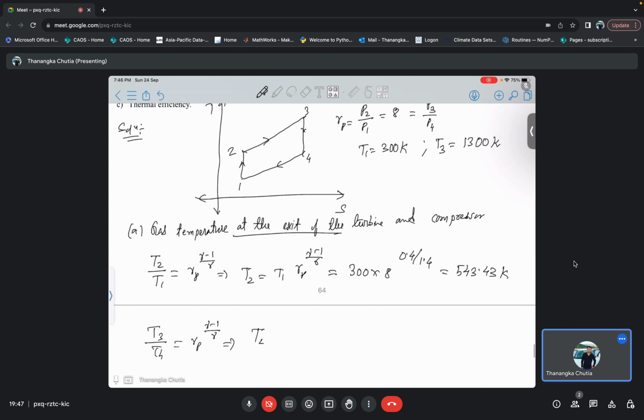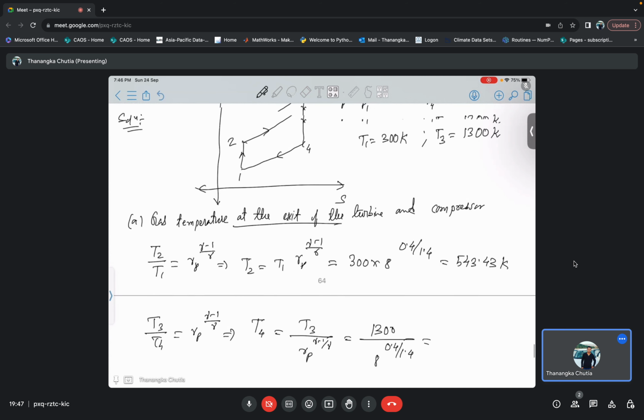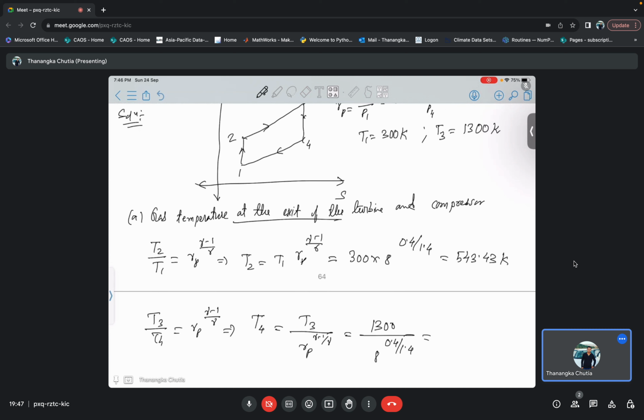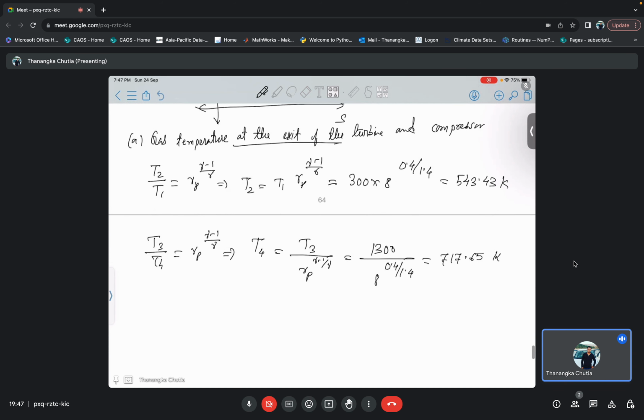So T4 is equal to T3 divided by Rp to the power gamma minus 1 by gamma. T3 is 1300, Rp is 8 to the power 0.4 by 1.4, which gives 717.65 Kelvin.